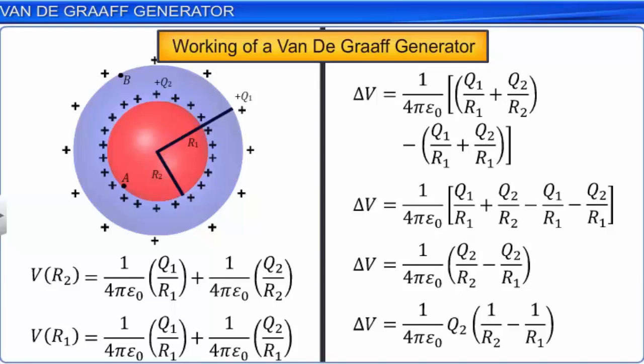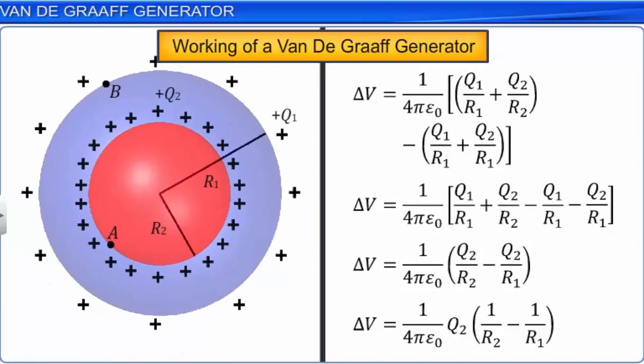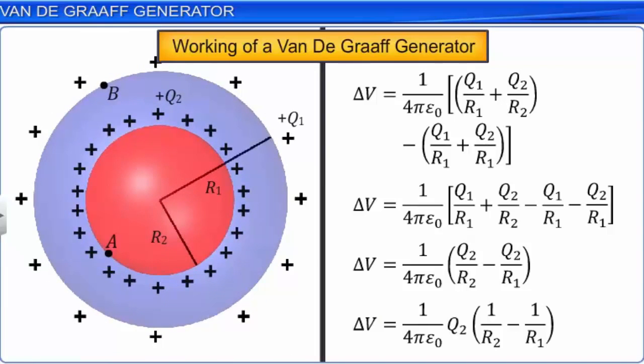We see that the potential difference delta V depends on the value of Q2. Since Q2 is positive, the value of delta V is also positive.